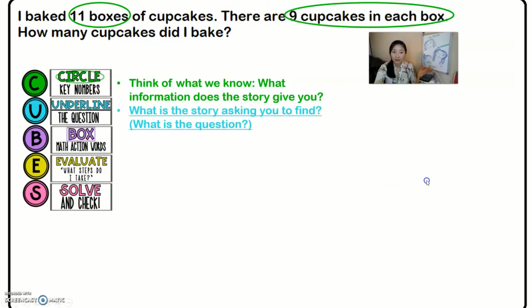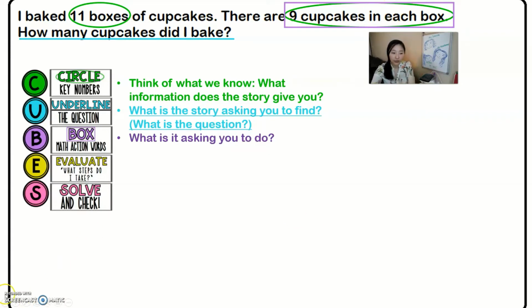So think about that. Underline the question. How many cupcakes did I bake? Box the math action word. I actually boxed each box, so let me hold on and go fix this. So I fixed it so that it only circles the 9 cupcakes, and I only box the in each box. I also boxed the word boxes.